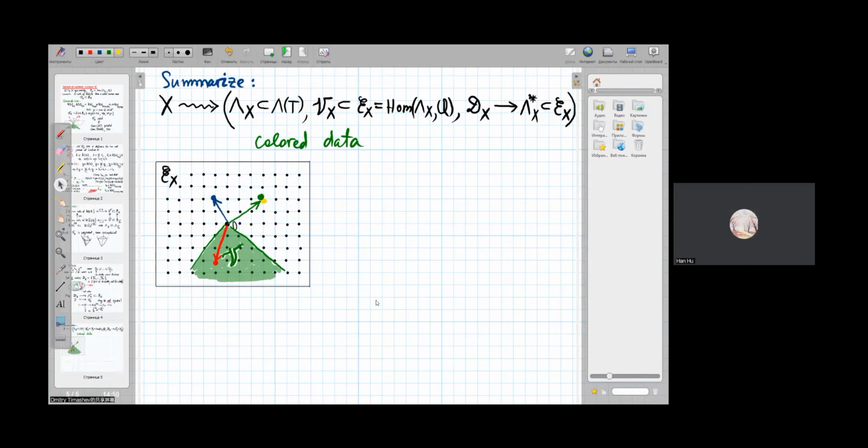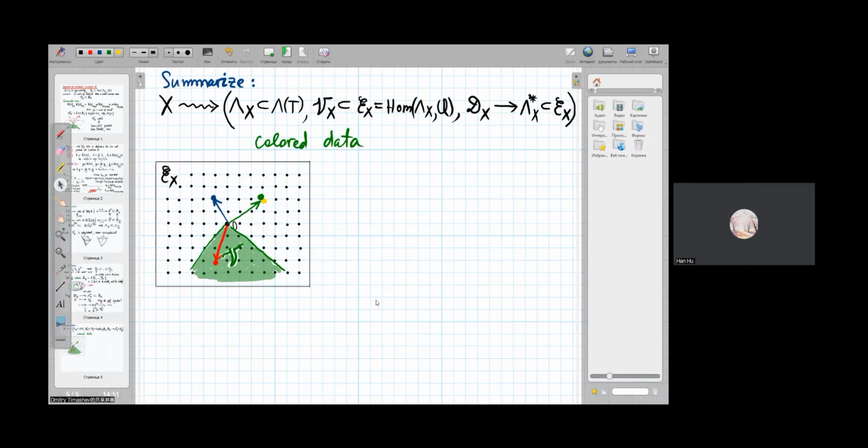Because dx is only... I mean, if you consider dx as a geometric set, as a set of divisors somewhere, then of course they will be different. But if you consider dx as an abstract set, if you consider this colored data just combinatorially, you have a lattice, you have a cone, you have a finite set equipped with a map to the dual lattice.